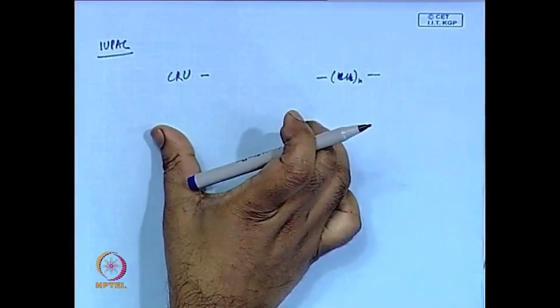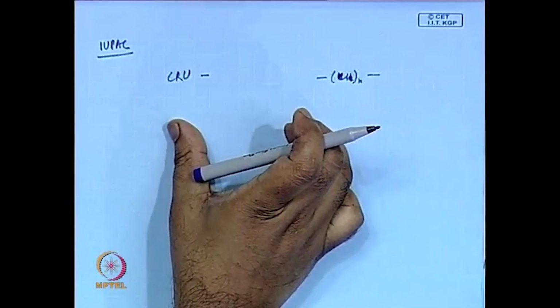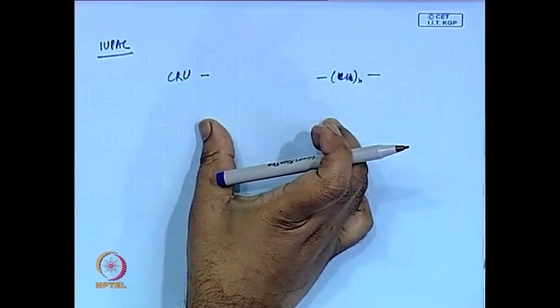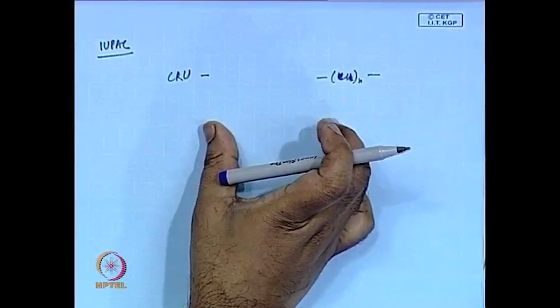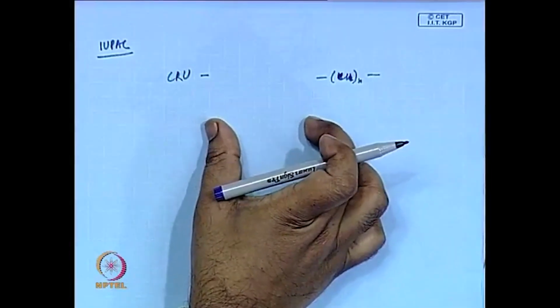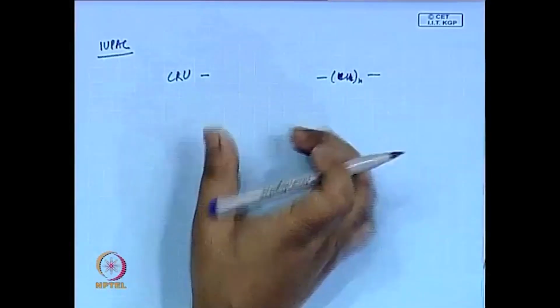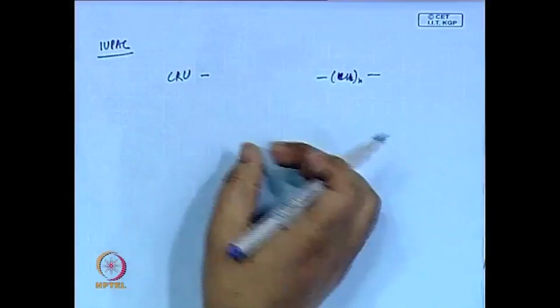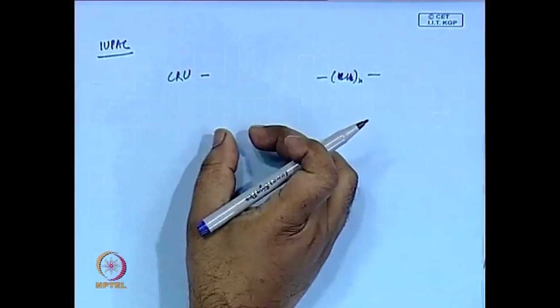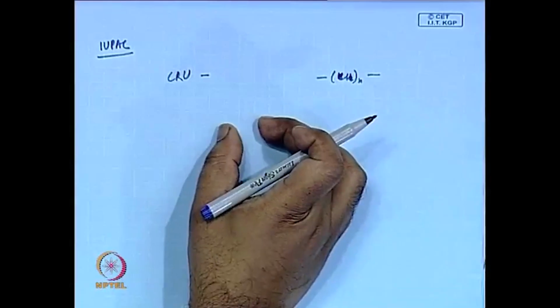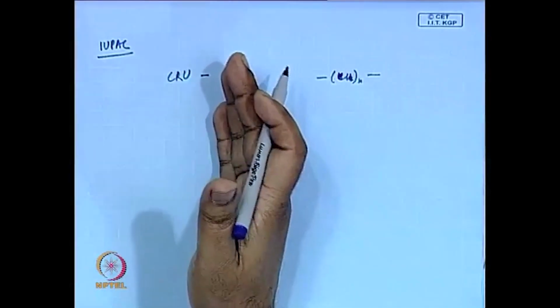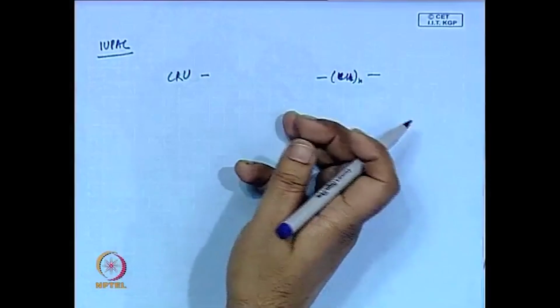You already identified the repeating unit, and then how do I name the repeating unit? You have to place the repeating unit in such a way that the part which is senior most you put on the extreme left-hand side. Now, how do you determine seniority?